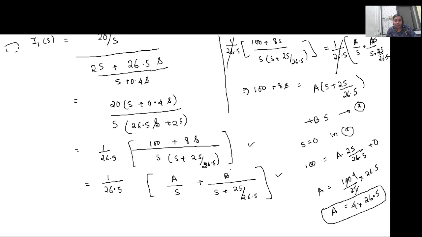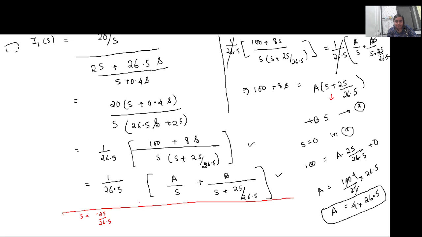Now how to find b? Let me take a different color. To find b, if we can make this part 0, we can easily find out b. So in order to find b, we put s equal to minus 25 by 26.5.